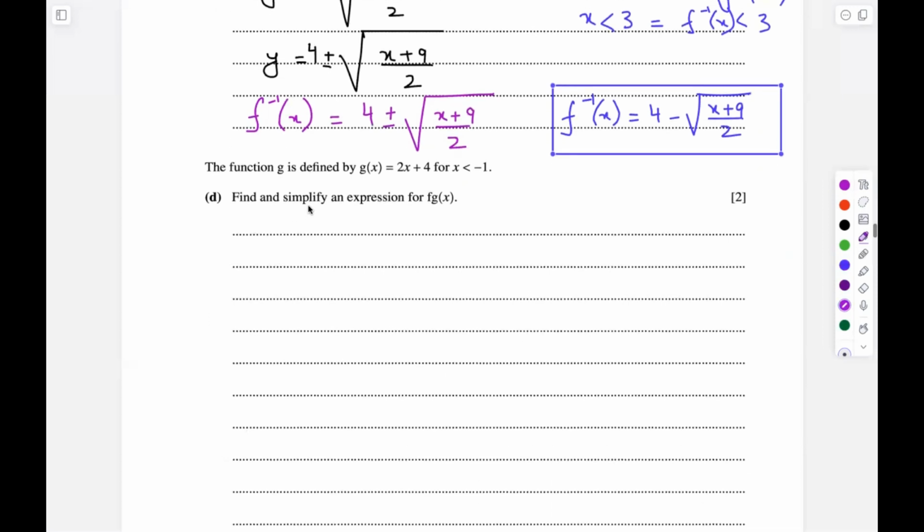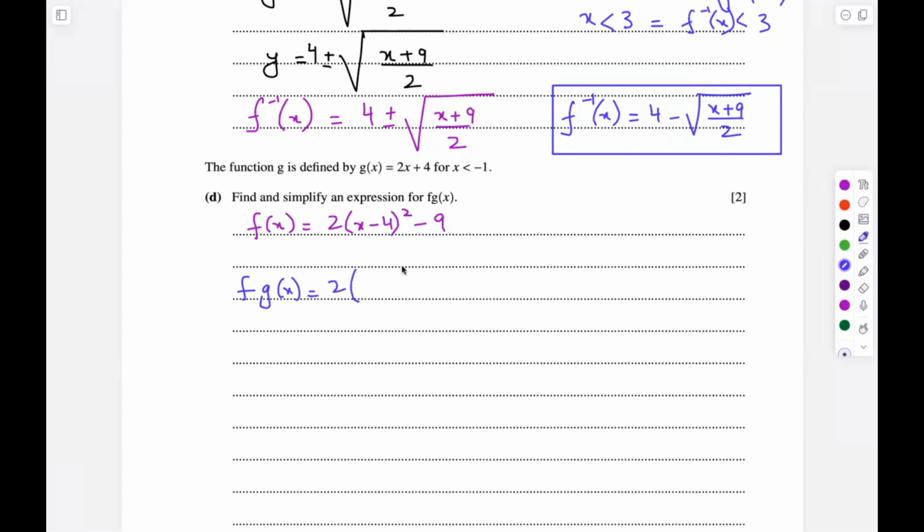In part D, the function g is defined by 2x plus 4 for x less than minus 1. We have to find and simplify an expression for fg of x. Now, f of x, we already know it is 2 into (x minus 4) whole squared minus 9. To find fg of x, in place of x, we'll write the function g of x.